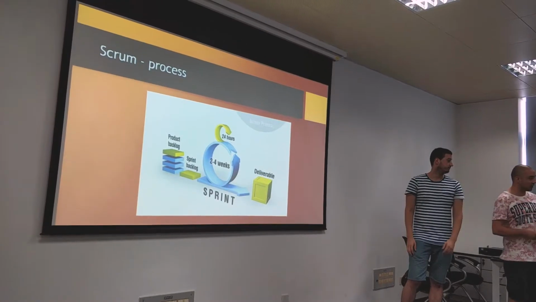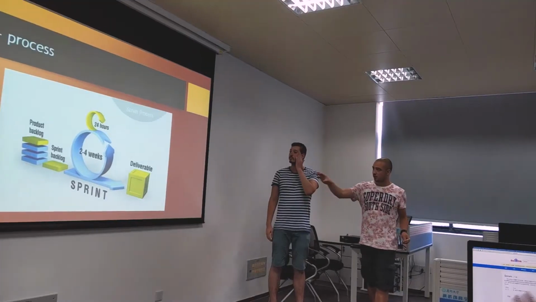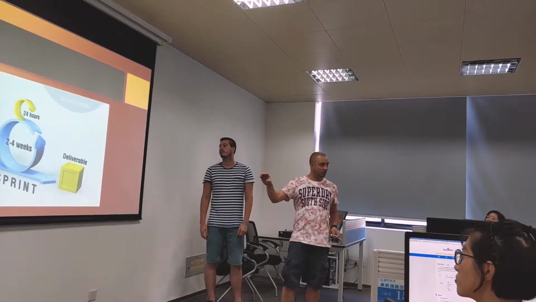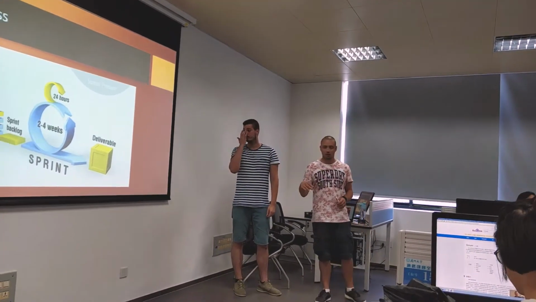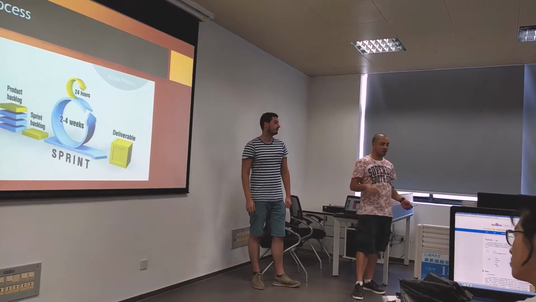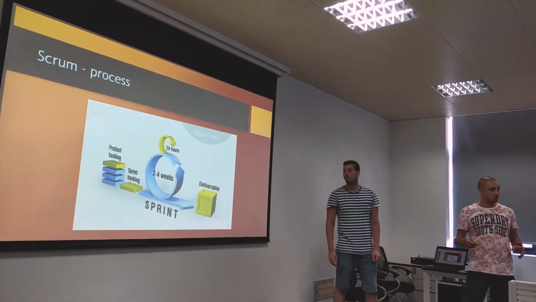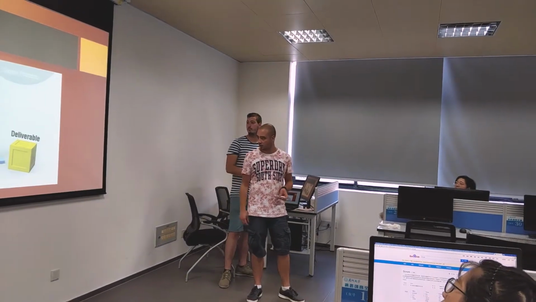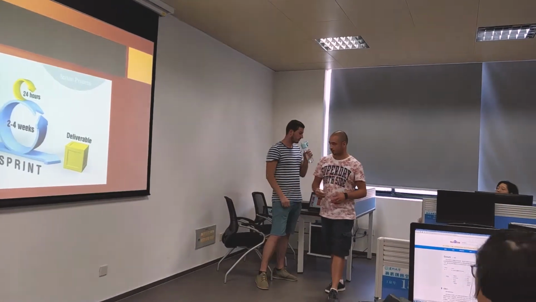Scrum is a different way to develop a product. This is a little overview of the Scrum process. In Scrum you have a product backlog, which you can compare to the requirements document. In Scrum, you are doing sprints. A sprint usually takes 2 to 4 weeks, not longer than 4 weeks.